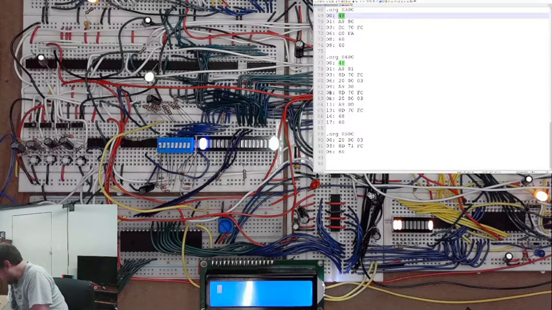But it works fine when I clock it by hand and it's doing the exact same stuff.